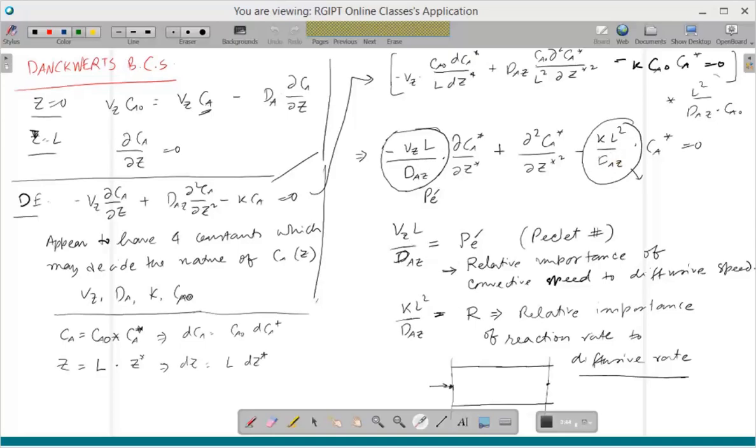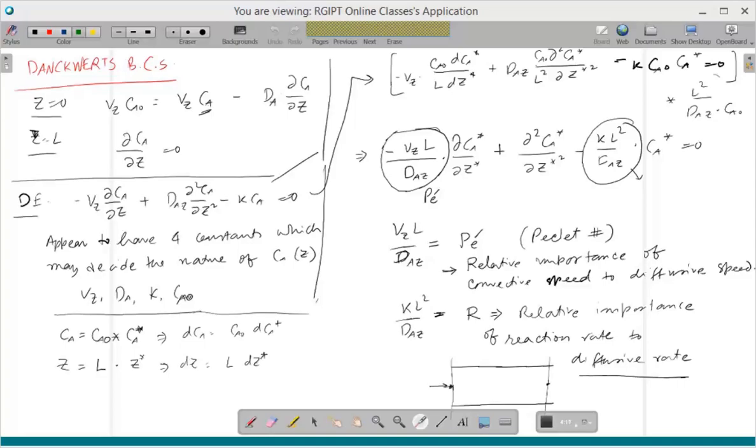Generally, the dimensionless numbers that we meet in all engineering non-dimensionalized equations are usually related to two competing effects. All the numbers that we see, Reynolds number, Peclet number, Froude number, Schmidt number, basically reflect relative weights of competing effects.